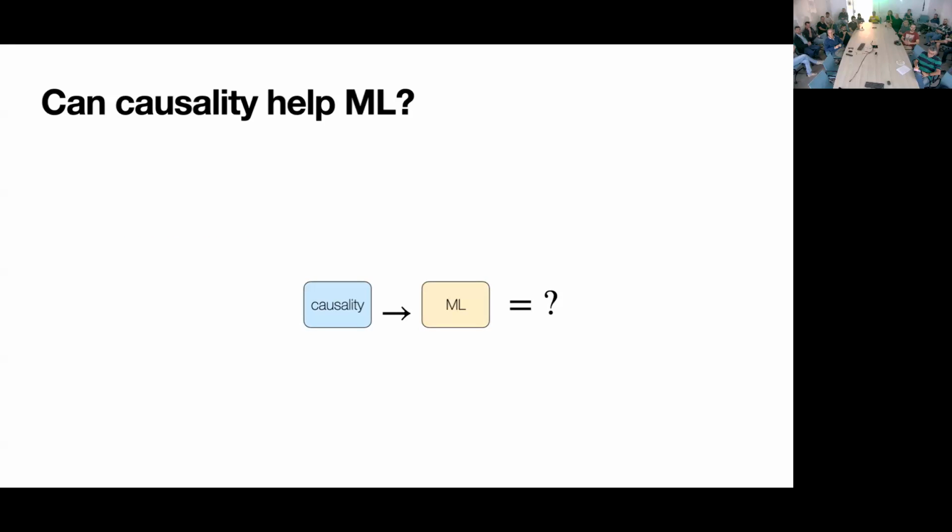I'm also interested in the converse relationship, how machine learning can help causality. I'll touch on that very briefly at the end, to give you a taste of what we can expect to do in the future using machine learning to help people who care about causal effect estimation, specifically tuned to problems like text, where the world is not easily represented with our raw features.